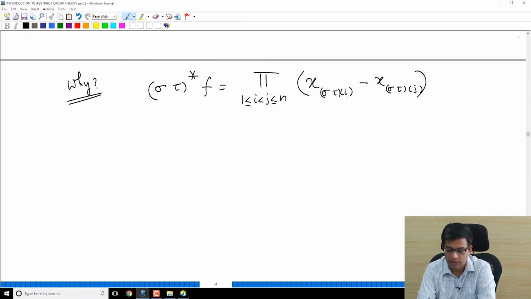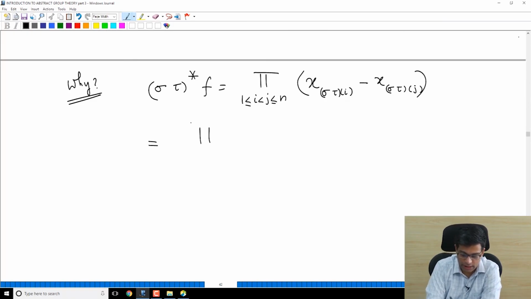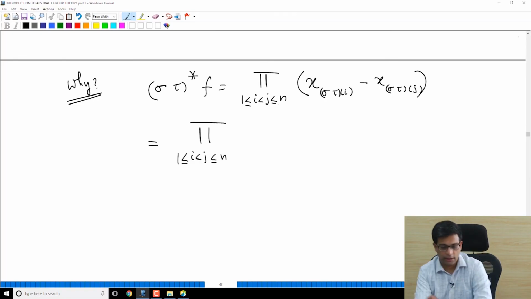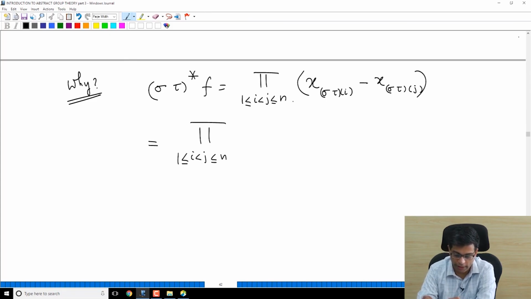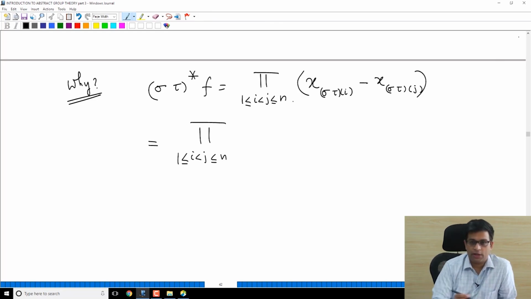So I change i by sigma tau, j by sigma tau. The product is over the set i less than j, i greater than or equal to 1, j less than or equal to n. But sigma tau, remember that it is a composition, right? Sigma tau is the composition of sigma and tau.